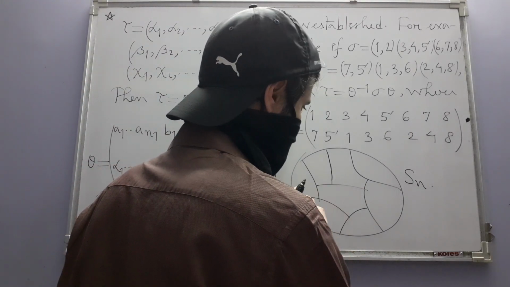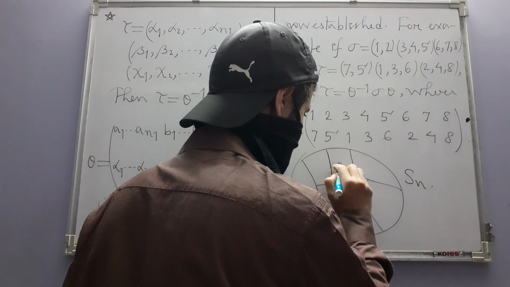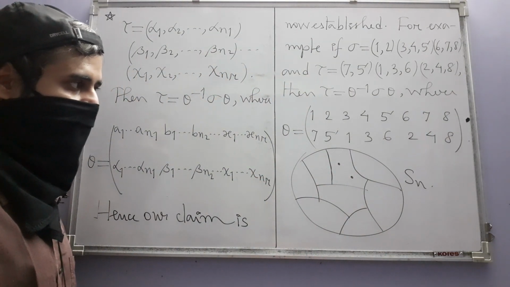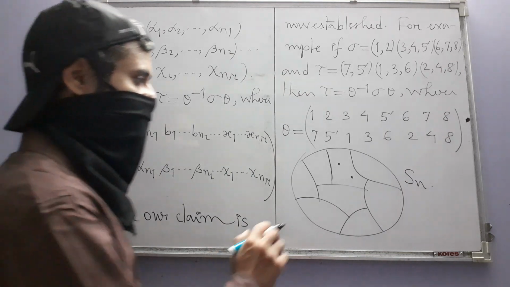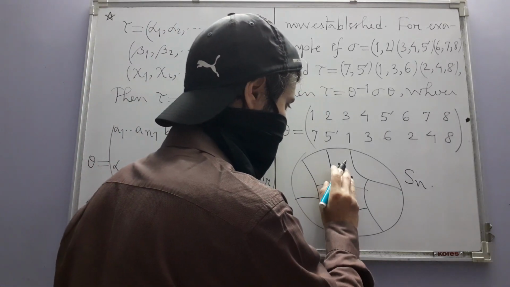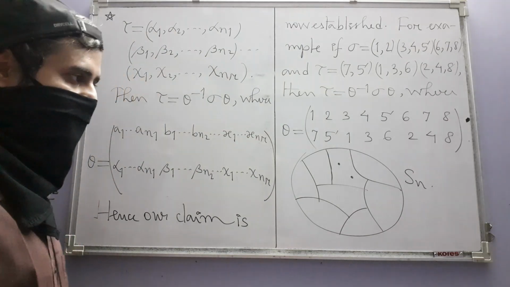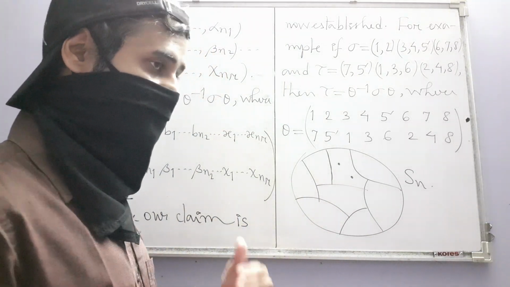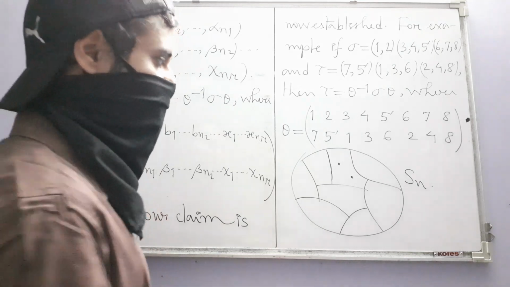So our claim is saying that two permutations will belong to the same conjugate class if they have the same cycle decomposition, and conversely, if they belong to the same conjugate class, then they must have the same cycle decomposition.